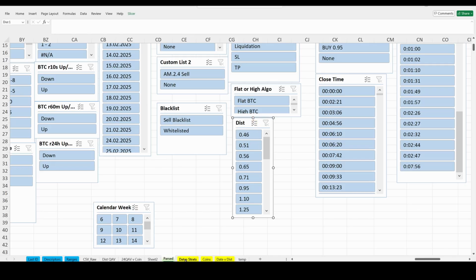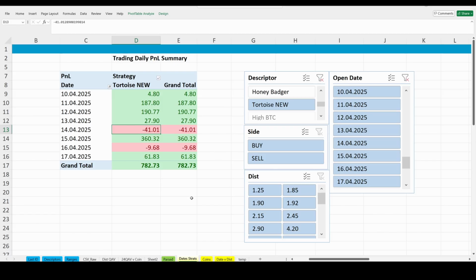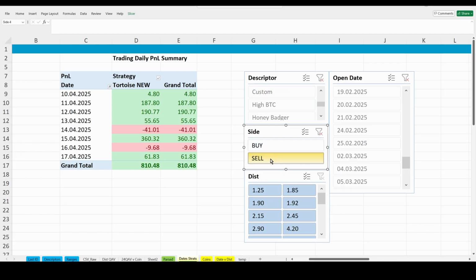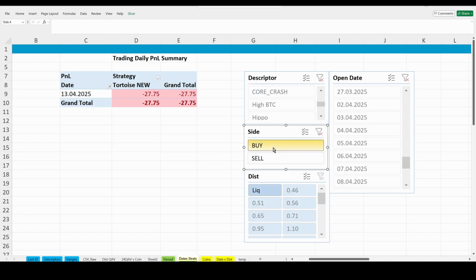So I limited my number of coins that I'm trading to very few ones that have shown consistent good performance. Plus, I have focused on a smaller number of distances, and all of them are quite high, except for this 1 to 5. And also, surprisingly, the focus was on the sell side, because the buy side was pretty dead.